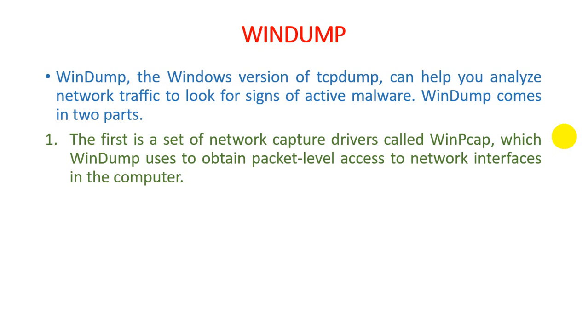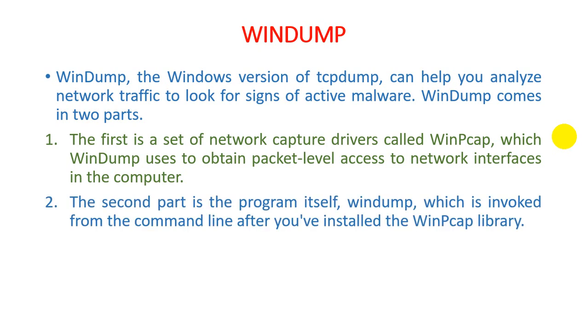So WinDump provides two different facilities for two different tasks. If you work only with the network interface or network traffic, then you just work with WinPcap. And the second part is the program itself, WinDump, which is invoked from the command line after you install the WinPcap library.